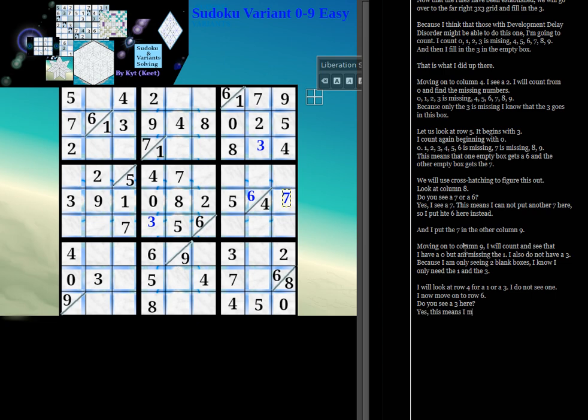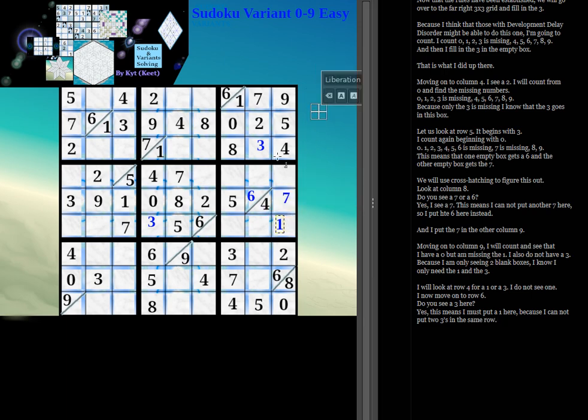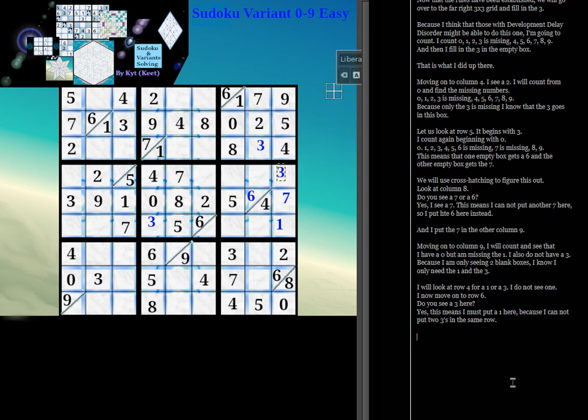This means I must put a 1 here because I cannot put 2 3s in the same row. This also means that the other box gets the 3.